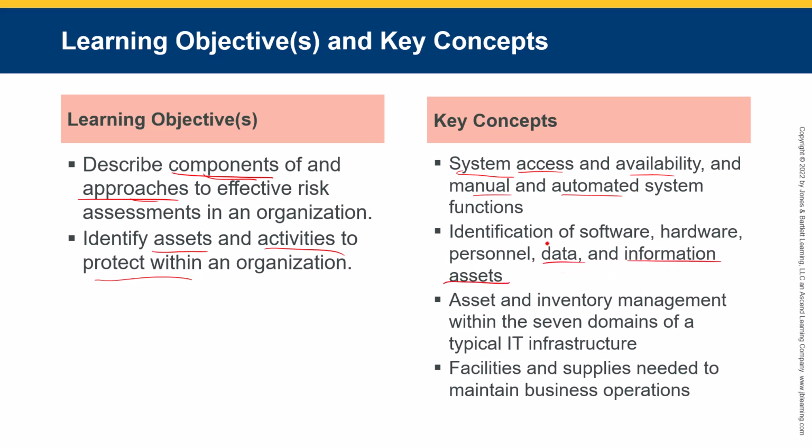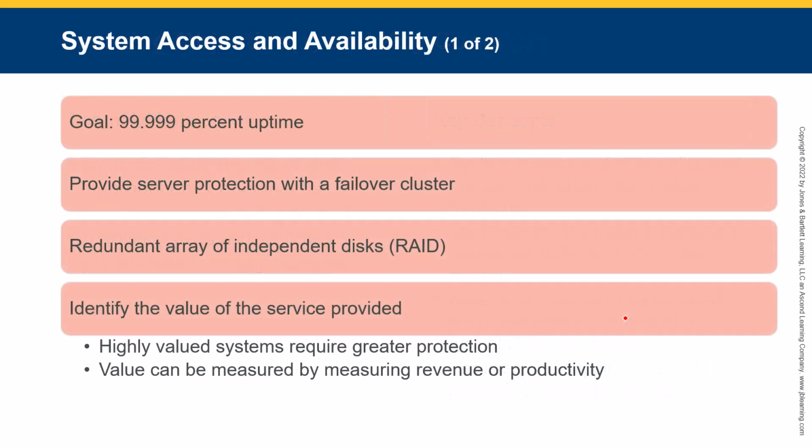We're going to look at assets and inventory management within our 7 domains. You're going to notice that throughout the JBL series, they go back to those 7 domains, so we're going to dive a little bit deeper into that. And we're going to look at facilities and supplies needed to maintain the business operation, because at the end of the day, the business still has to operate.